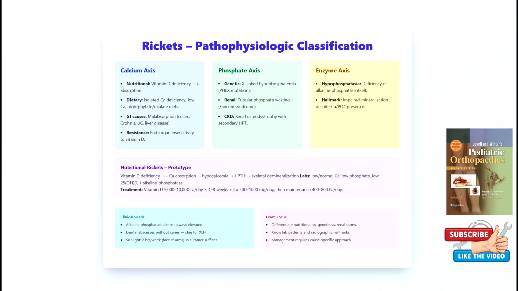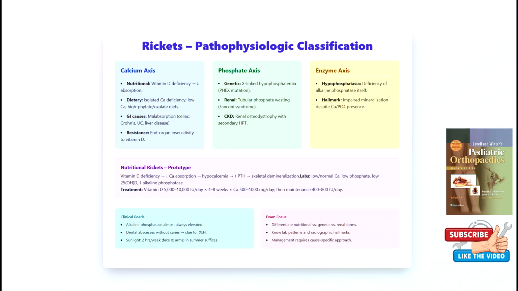Clinically, these children show rickets, short stature, and the skeletal deformities that we have already described. One very characteristic feature is dental abscesses even before dental caries appear due to defective dentin mineralization. Adults may develop osteomalacia with degenerative joint disease, enthesopathies, and persistent short stature.